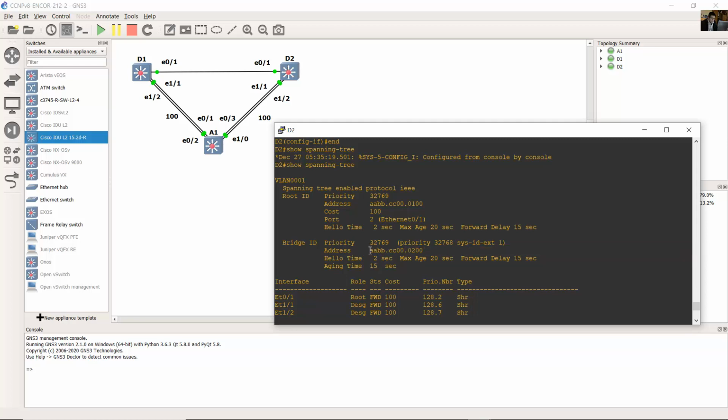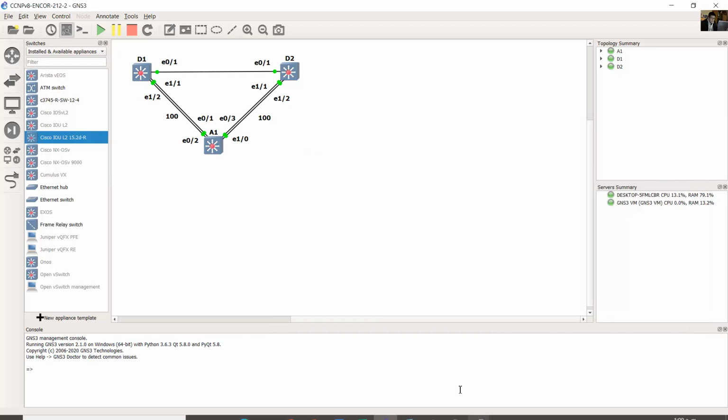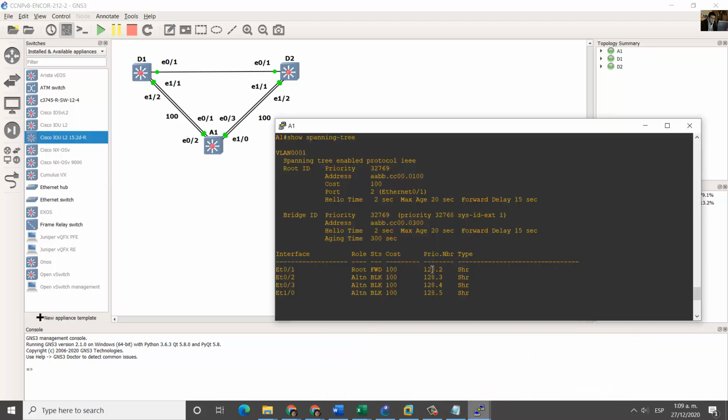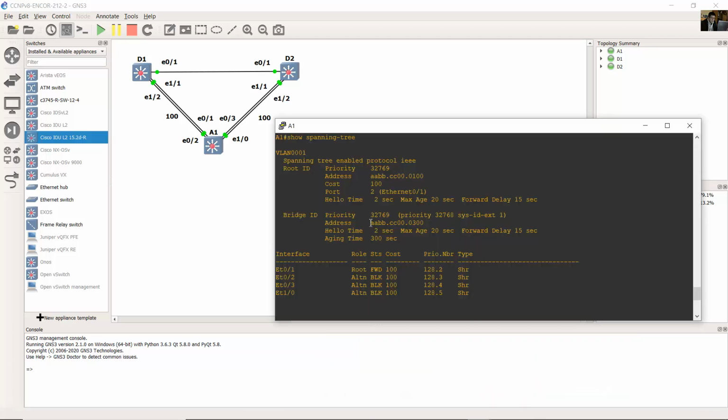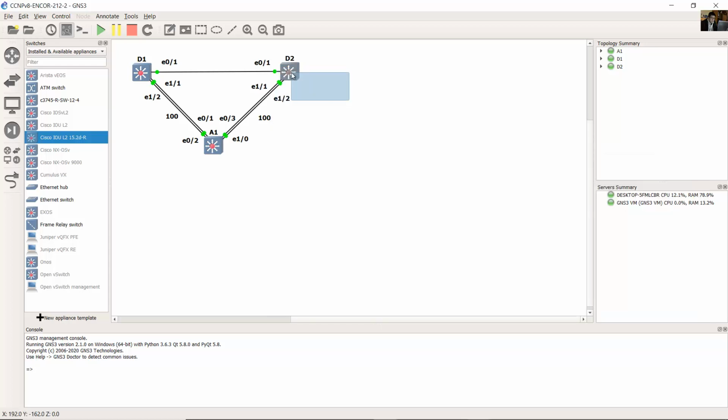D2 has AABBCC000200 and A1 is AABBCC0003. So that's why D2 is preferred for the designated ports, because D2 has the lower MAC address than A1.